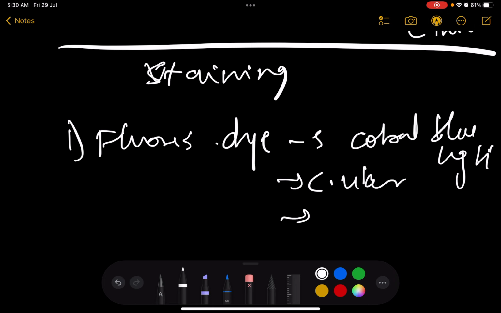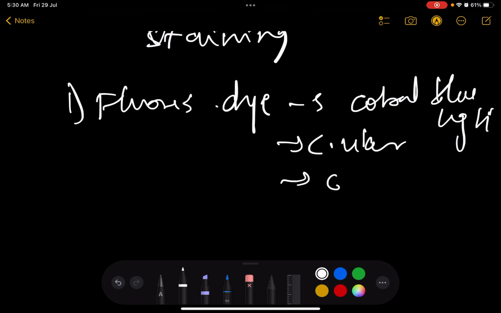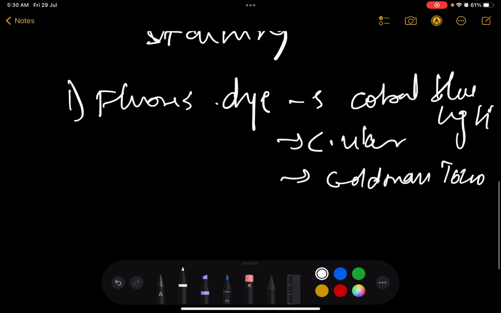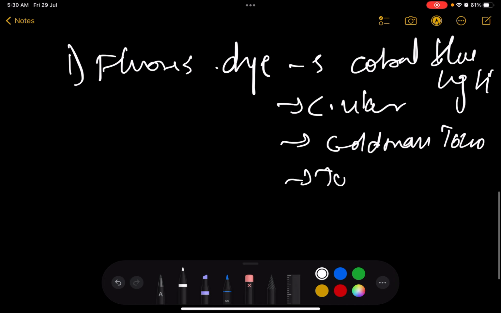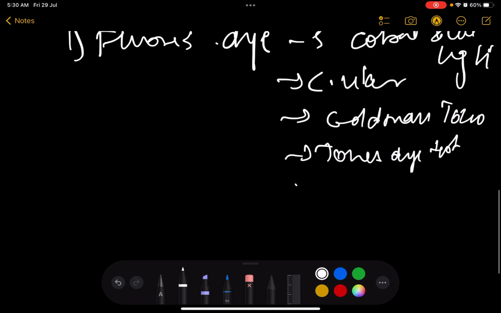Also, you could use it for Goldmann applanation tonometry. Tonometry is basically a test to check the IOP, intraocular pressure. Or you could use it for the Jones dye test, or the Seidel test.